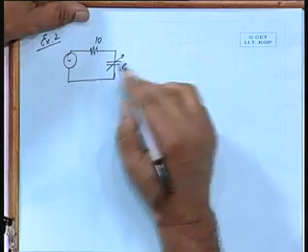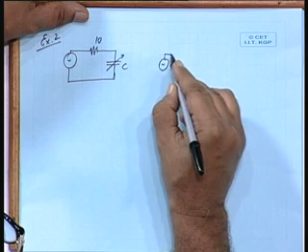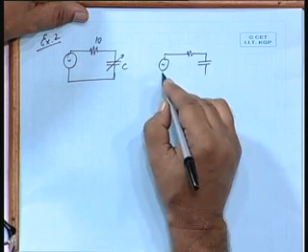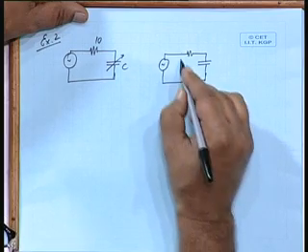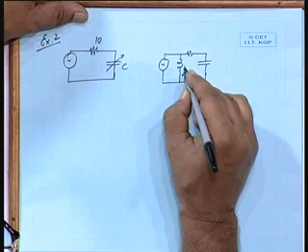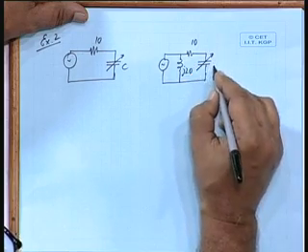There is another problem, an extension of this. This is J20, this is 10 and this is C.